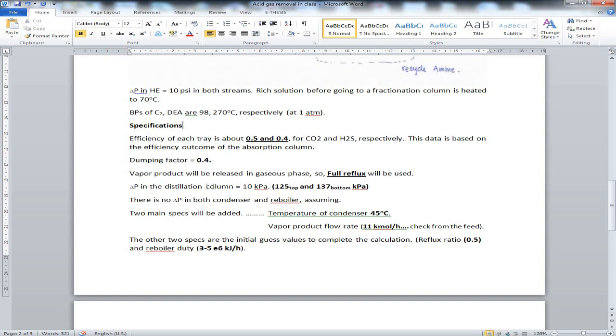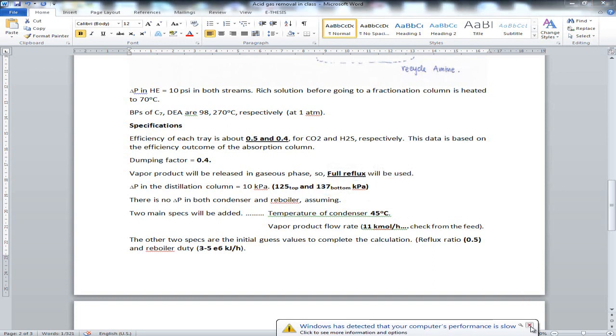The pressure drop in the distillation column will be about 10 kilopascal, and the numbers given here from top to bottom will be like this. This is based on the inlet of the feed. And we assume that there is no pressure drop in both the condenser and reboiler.